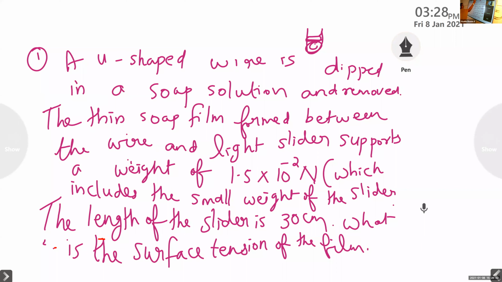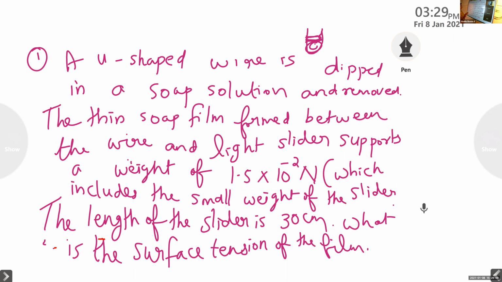That means because of the presence of the slider, this soap film will be pulled by the slider, because of the surface tension. So liquid also exerts a pressure in terms of surface tension. At the same time, the slider pulls the soap film upward. So that means the surface tension in the film will be equal to the force applied by the slider to pull in the opposite side.